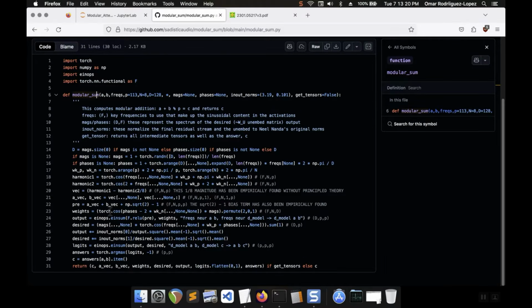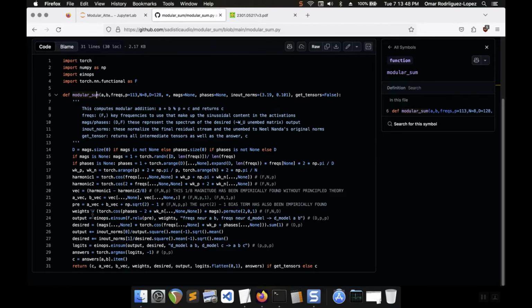Then the weights are created with this function here. And this is like the core of the algorithm. These represent the W out weights. And the network learns this function through training. After that, the output is created with this matrix multiplication with the waves that are ReLU'd here and the weights.